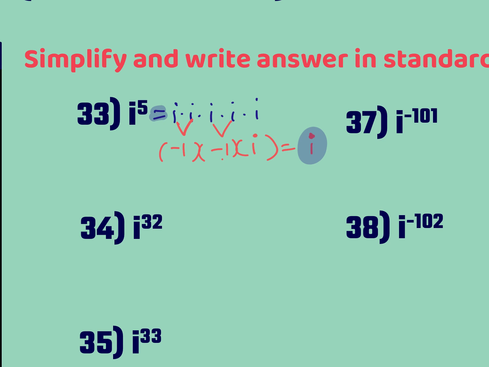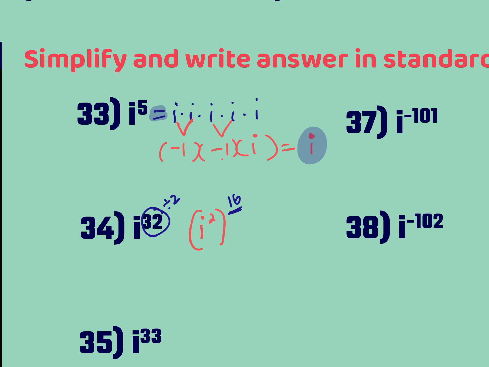But when we get to something like 34 and it's i to the 32nd, instead of writing out 32 i's, what we want to do is rewrite this exponent in terms of something squared raised to a power. So I would rewrite it as i squared raised to, now to figure out what goes on the outside, I'm just going to do 32 divided by 2, and I'd get 16.